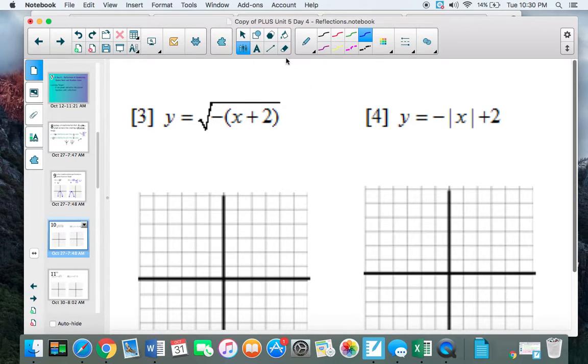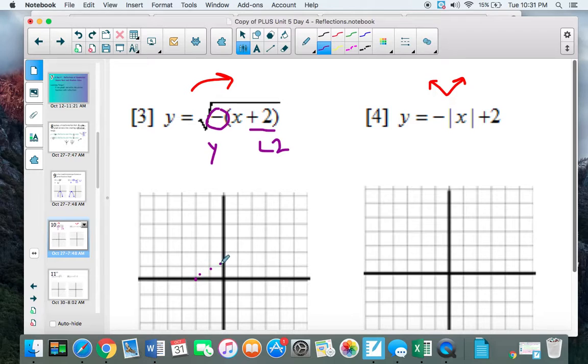So now we're going to move on to two other shapes. The square root symbol signifies it's going to be the swimmer's arm. The bars signify it's going to be a V, for example. So let's start with this one. It's going left 2. And inside means it's reflecting the y-axis. So I'm going to go left 2.